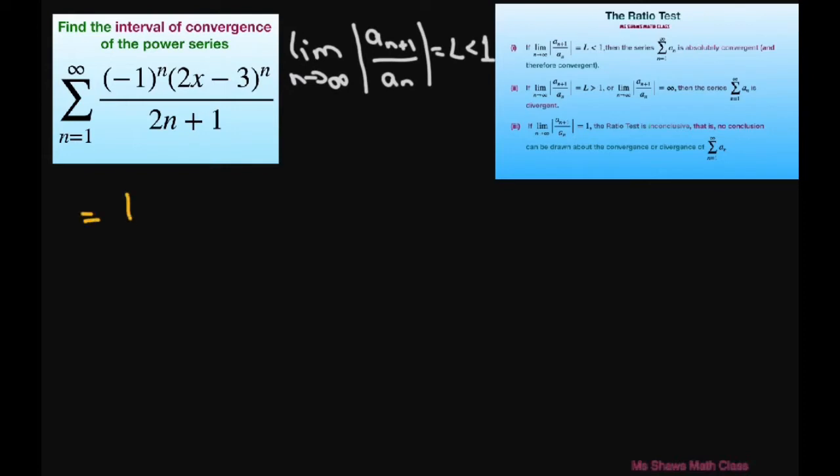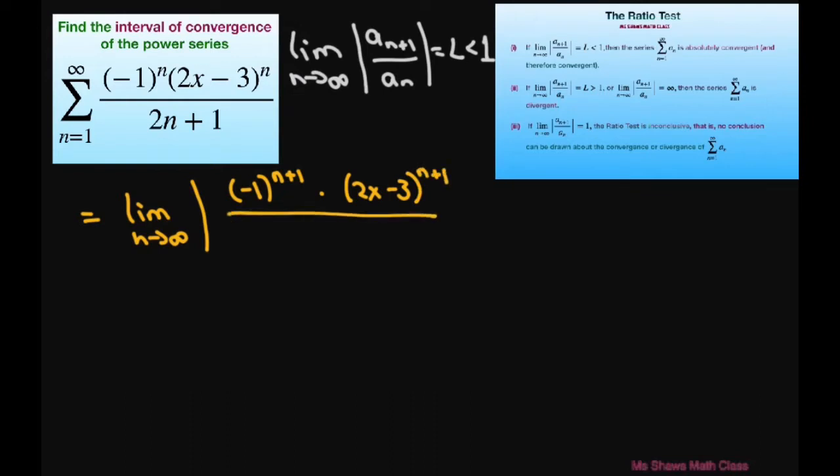We're going to get the limit as n approaches infinity of the absolute value of negative 1 to the power of n plus 1 times (2x minus 3) to the power of n plus 1, all divided by 2n plus 3. Okay, so that's 2n plus 1 plus 1.